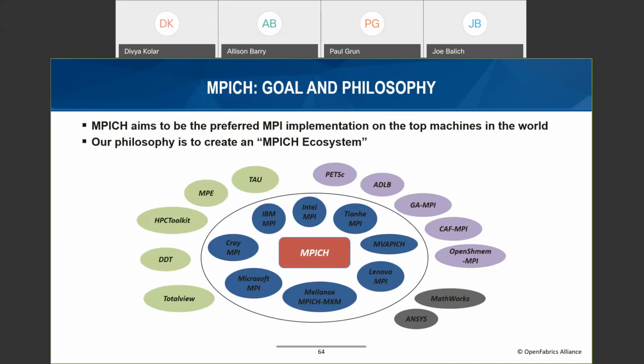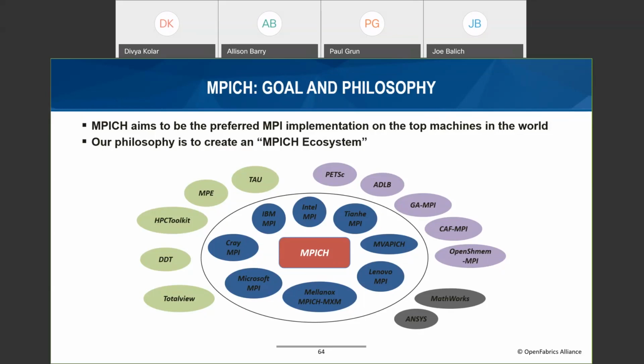The philosophy is basically that MPICH provides general optimization for MPI communication. But vendors who have better knowledge of their hardware and their clients' needs can come in and say, we want to further optimize in this direction for our hardware or client.